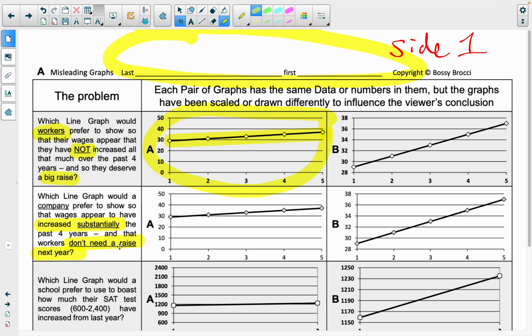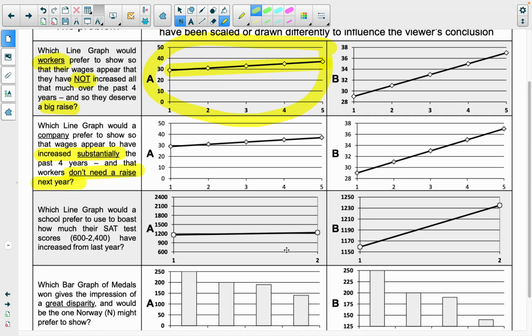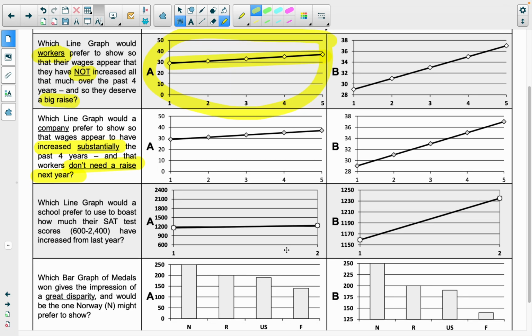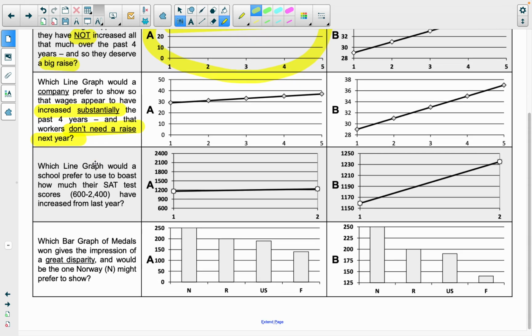Is that graph A or graph B? And you circle the one. And I'm not doing that with you. You're doing it on your own. We're looking at which of these two graphs, A or B, a company says, you don't need a raise. We've been giving you a raise every single year, and they've been going up a lot.